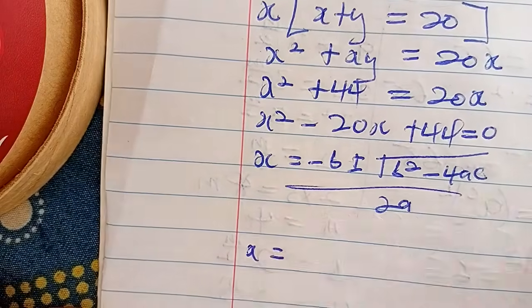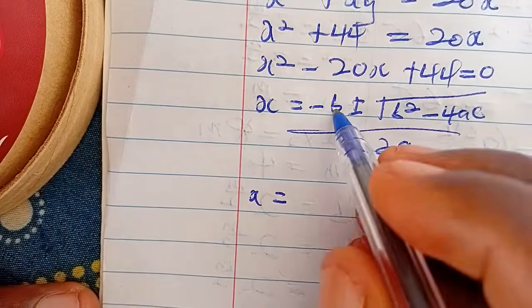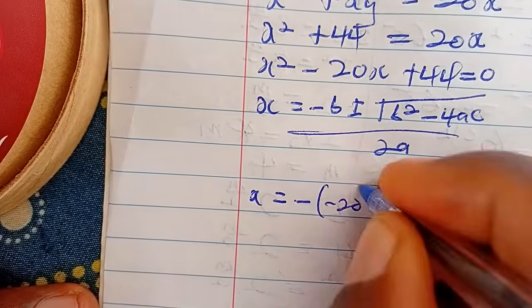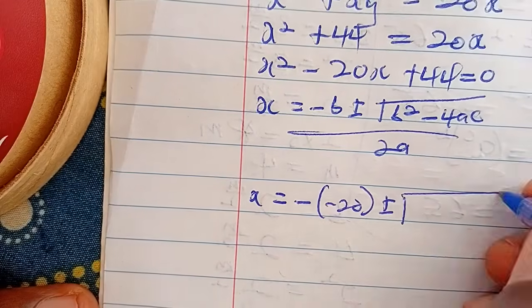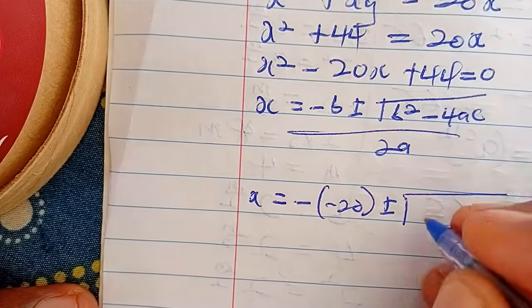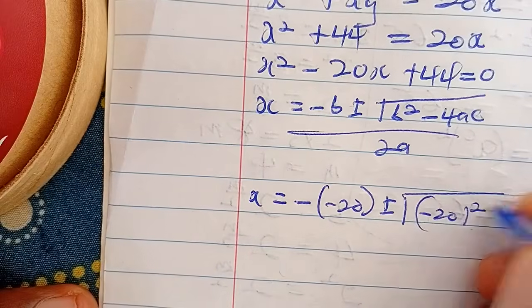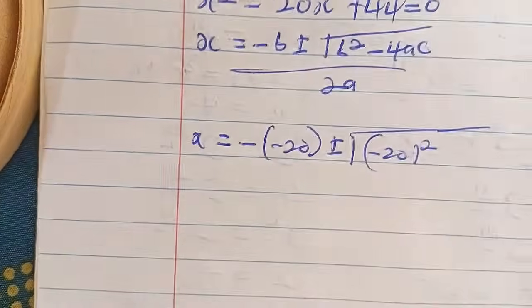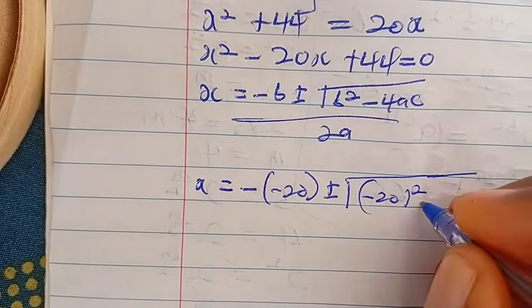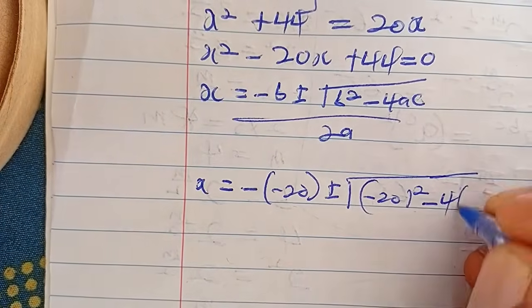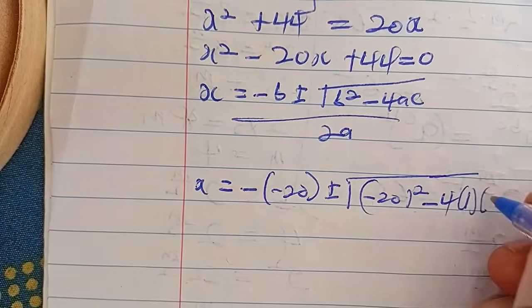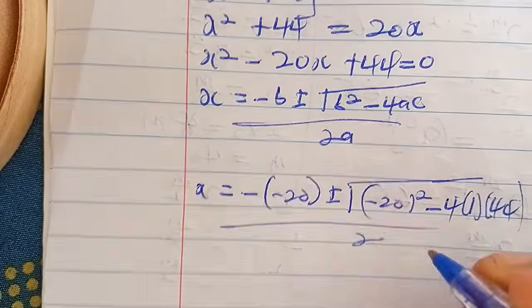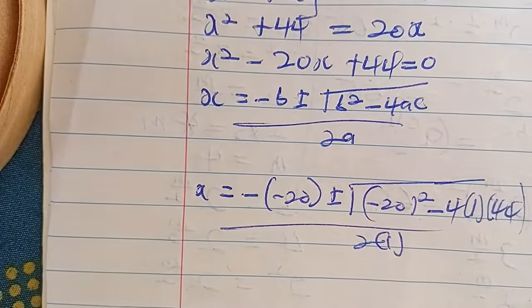So x equal to minus b, so minus 20, plus or minus the square root of minus 20 squared minus 4, a is 1, c is 44, all over 2 by 1, since a is 1.